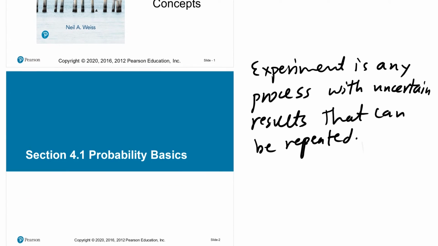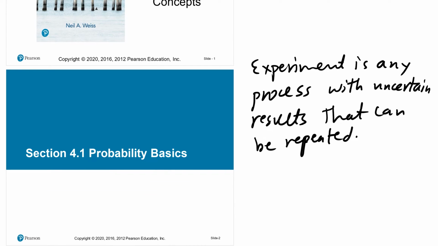Now, when you run an experiment, you record all the results and collect them, right? When you record the results and collect them, that set that contains all the results is called a sample space.